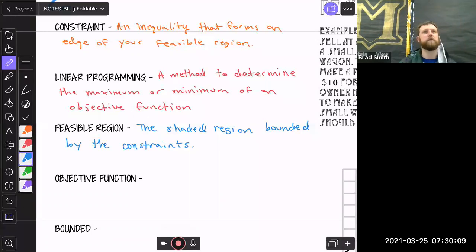If you can't read something, just let me know. I have no problem talking again. The feasible region is the shaded area or shaded region bounded by the constraints.